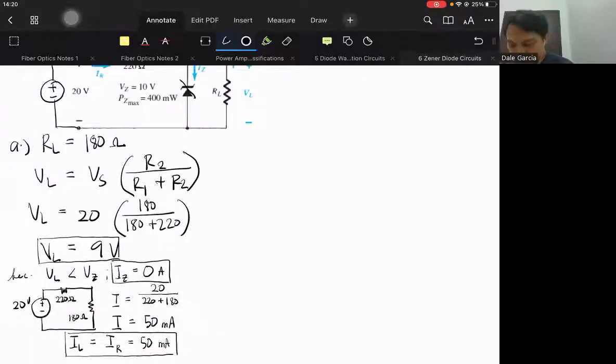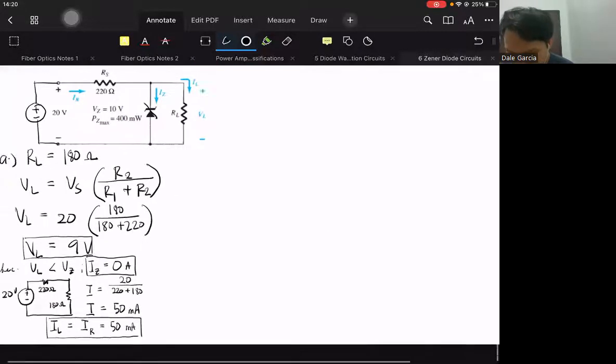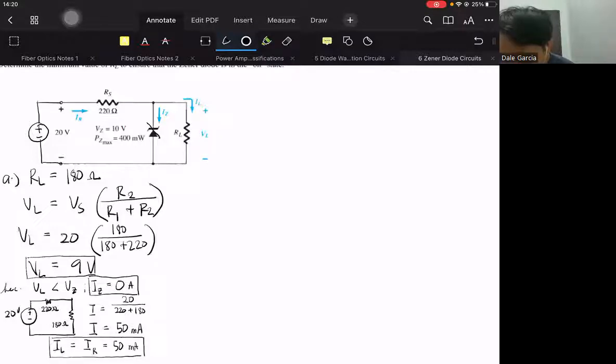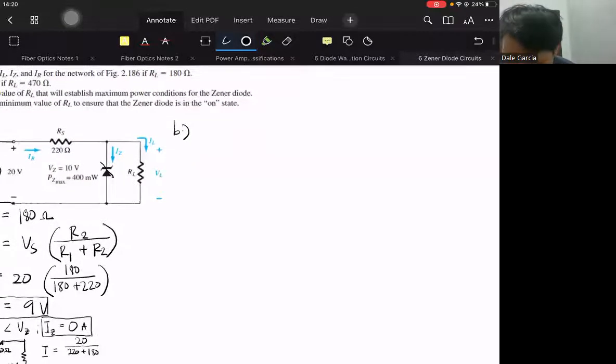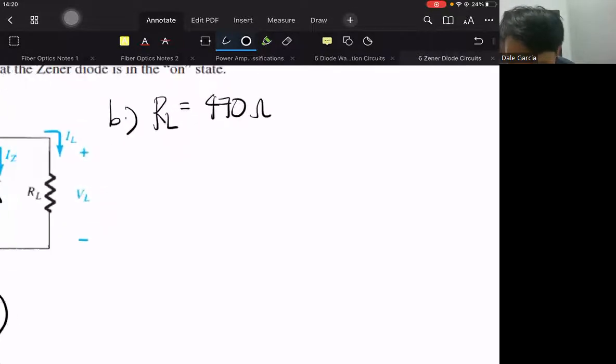Those are the final answers. Now about case B, where the load is 470 ohms. So we just repeat this analysis.